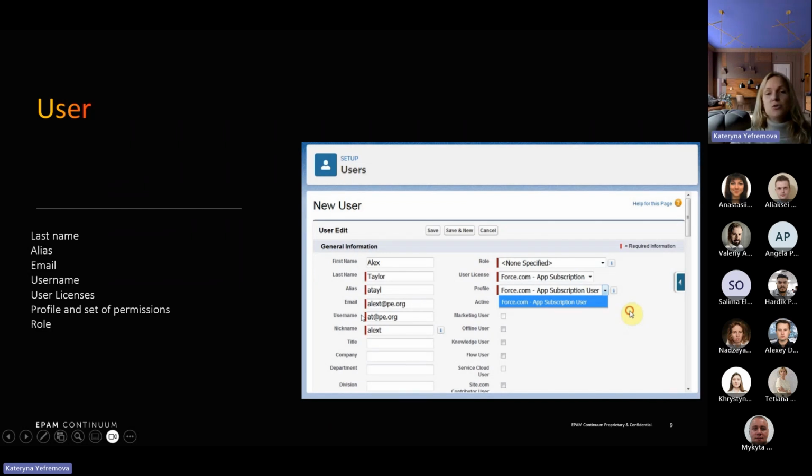Email and username could be the same. The username is supposed to look like an email, and usually people use their email because it's unique and has the same format, but it could also be different. Then what I wanted to focus on more is roles, licenses, and profiles.